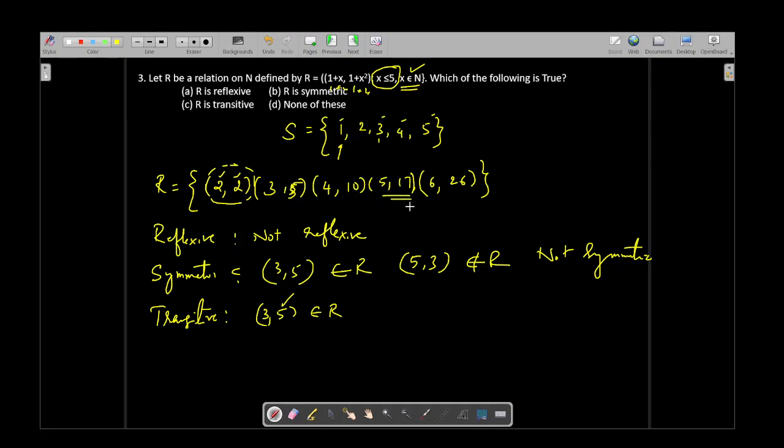There is an ordered pair 5 comma 17, which is a member of R. But 3 comma 17, this is A comma B, this is B comma C, this is A comma C, is not a member of R. We don't have 3 comma 17. So it is not transitive as well. So it is none of these.